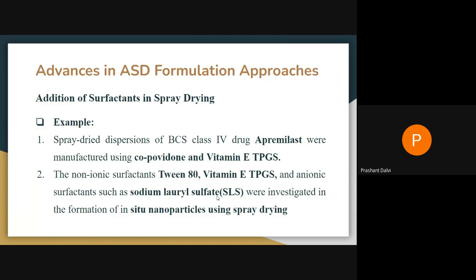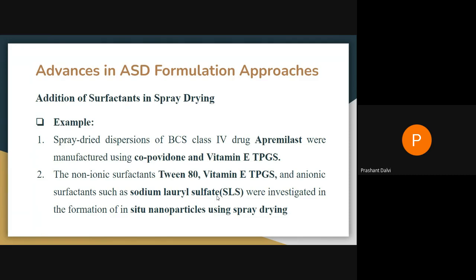When you add a surfactant to the different polymers, it will increase the wettability of the formulation drugs, and that decreases the contact angle between these two.